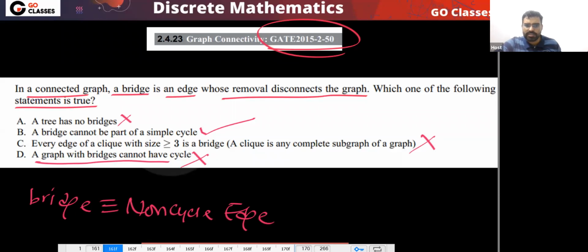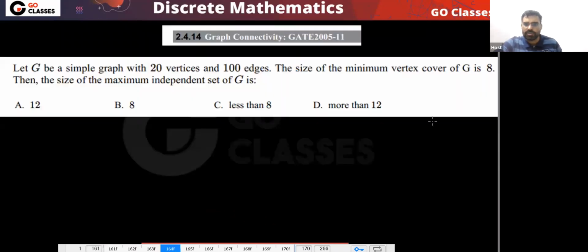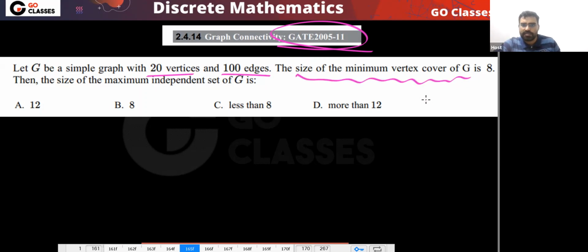Okay, quite simple. What about this question? This is your GATE 2005. Your graph has 20 vertices and 100 edges. The size of the minimum vertex cover is 8.